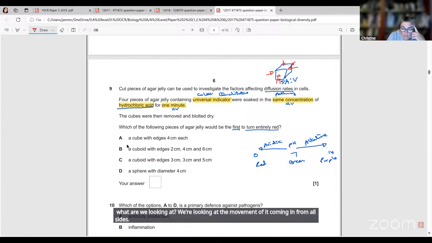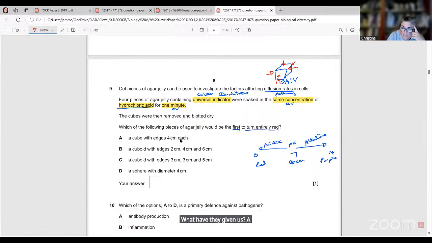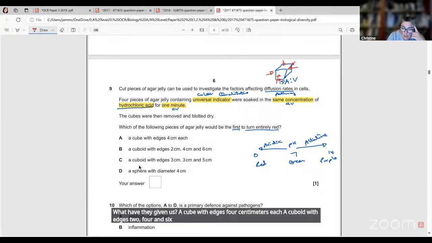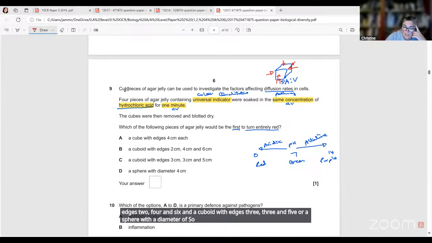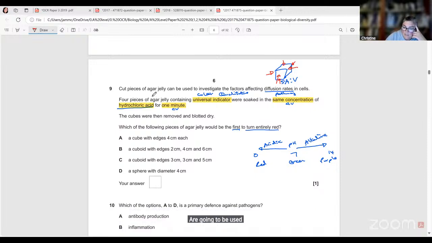So what have they given us? A cube with edges 4 centimeters each, a cuboid with edges 2, 4, and 6, and a cuboid with edges 3, 3, and 5, or a sphere with a diameter of 4. So they've already told us that cut pieces of agar jelly are going to be used. 4 pieces of agar jelly containing the universal indicator were soaked.